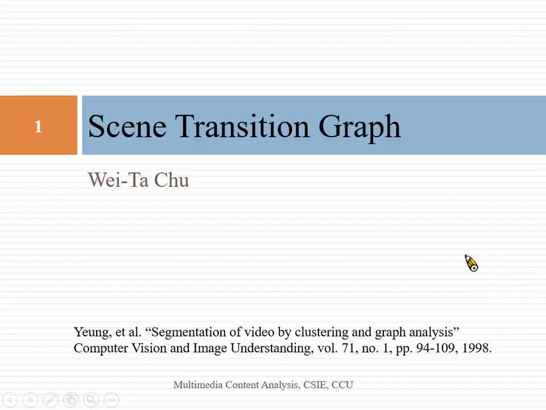We have already introduced the techniques for video shot change detection, and right now we will go to scene change detection. In contrast to video shots, the definition of a video shot would be the video segment captured by a camera turning on until a camera turning off, and this often occurs when we just want to take one specific scene or one specific object.